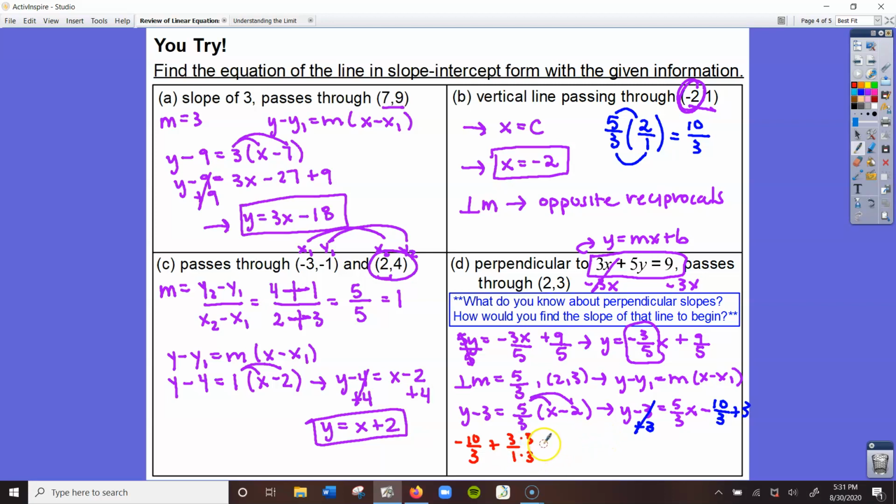So now what I end up with is negative 10 over 3 plus 9 over 3, which gives me negative 1 over 3. So this right here, this negative 1 over 3, that's this part. So now I'm going to rewrite my final answer. Our final answer would be y equals 5 over 3x, and then our new y-intercept, which is negative 1 over 3. And that's how you write equations of lines.